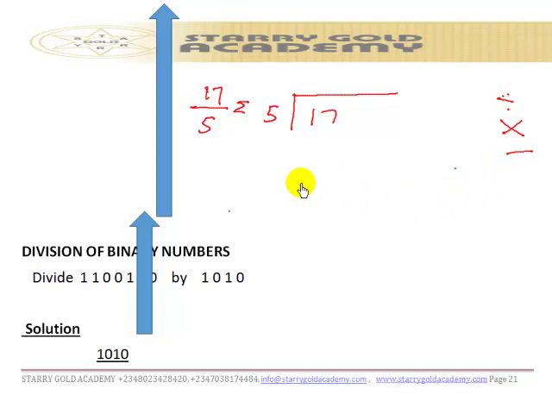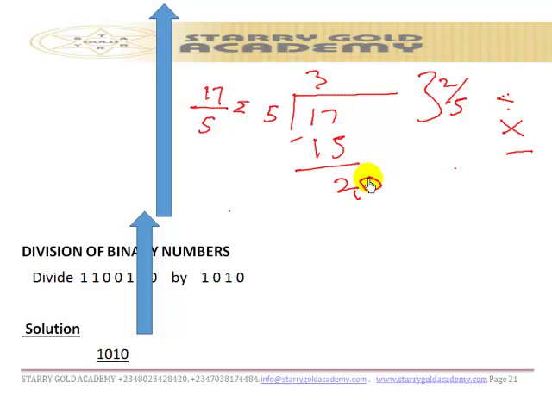So let's try what we just did. Divide: 5 in 17 is 3. Now multiply: 3 times 5 is 15. Now subtract: 17 minus 15, you have 2. If I want to leave my answer as a mixed fraction, it will be 3 whole number and 2 over 5. If I want to leave my answer in decimal, then I have to continue. Dividing: 2 divided by 5 is impossible, so I have to add 0.